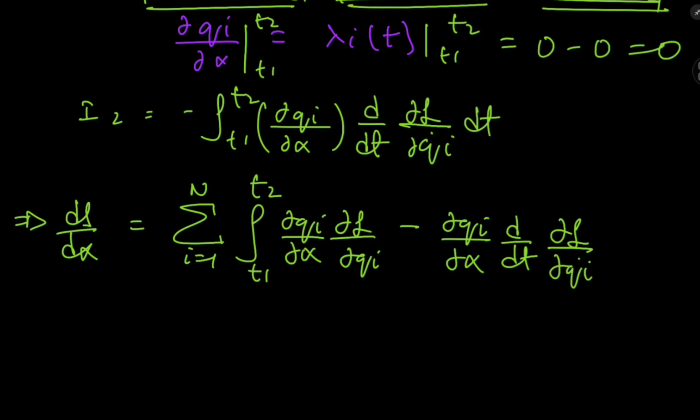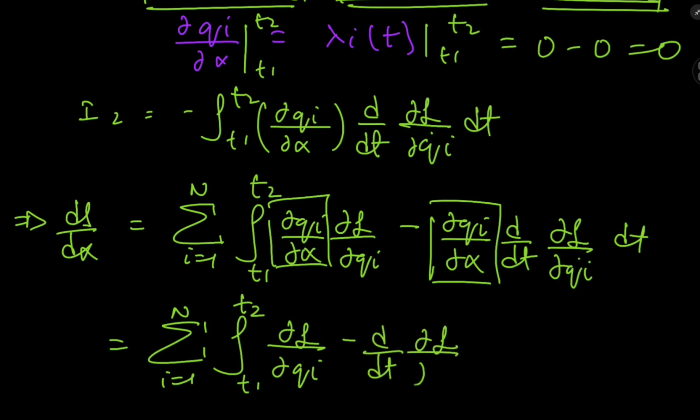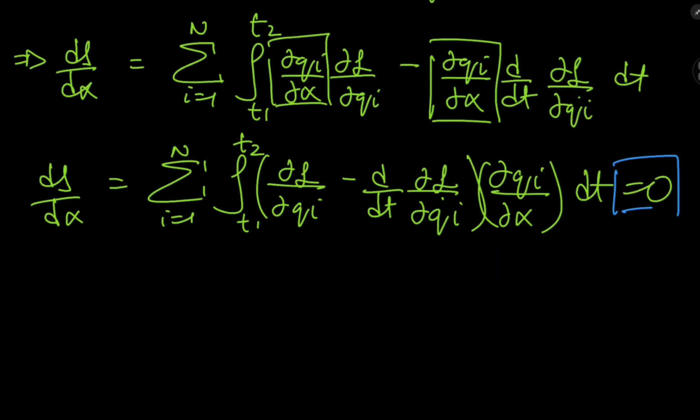Okay, great. That means we can factor out this term of partial q_i by partial alpha. So we have the sum from i equals 1 to n of the integrals from t1 to t2 of partial L by partial q_i minus d by dt partial L by partial q dot i, all times partial q_i by partial alpha, integration with respect to t, all being equal to 0, where of course the derivative being equal to 0 signals that we have a stationary value.